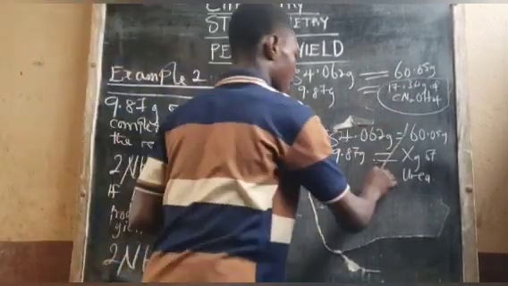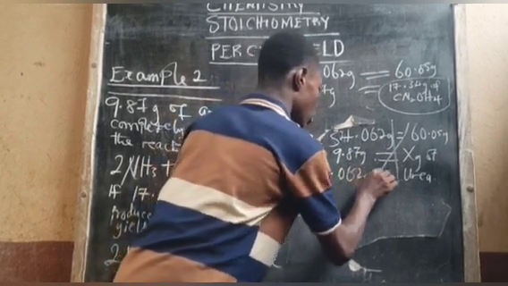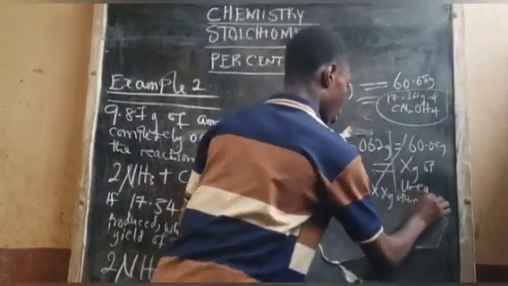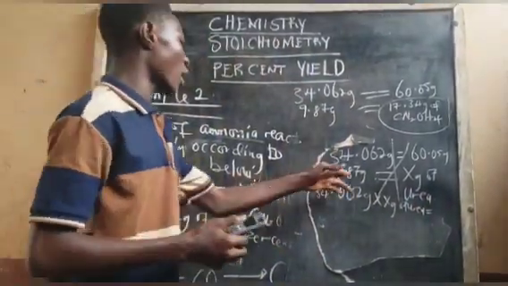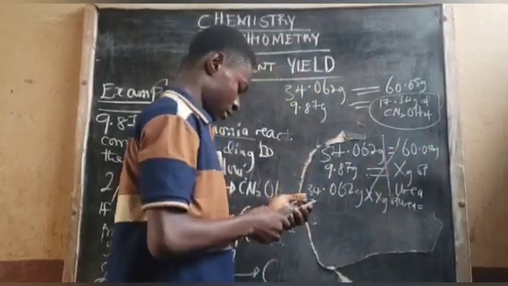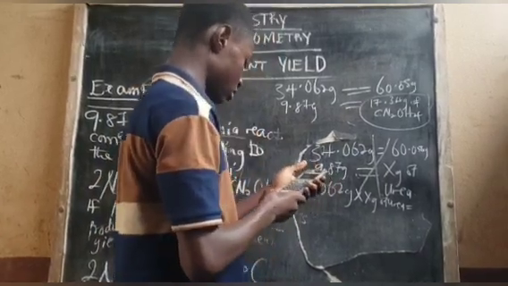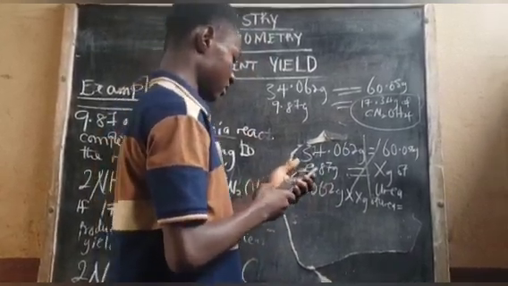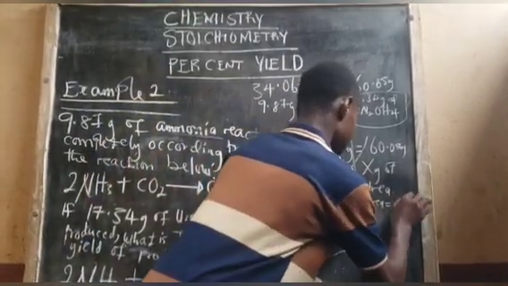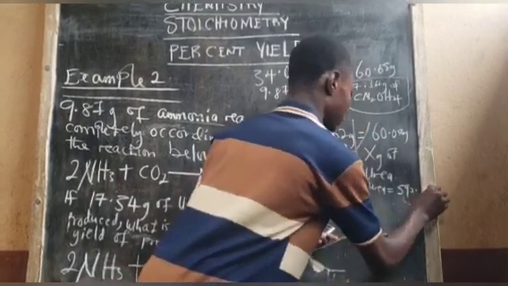Now we cross multiply. 34.062 gram multiplied by x gram of urea is equal to 9.87 multiplied by 60.056 gram. It gives me 592.75 gram.